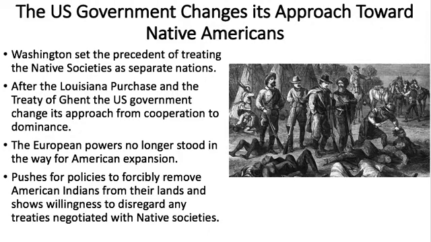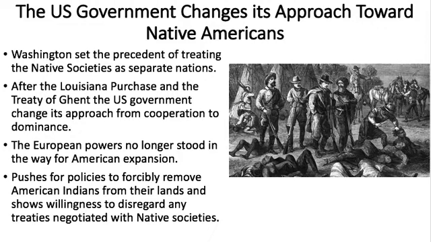We started to change our approach to the Native Americans from cooperating with them as a fellow nation to one as a group of people whom we wanted to dominate so we could control that land and continue to expand westward.